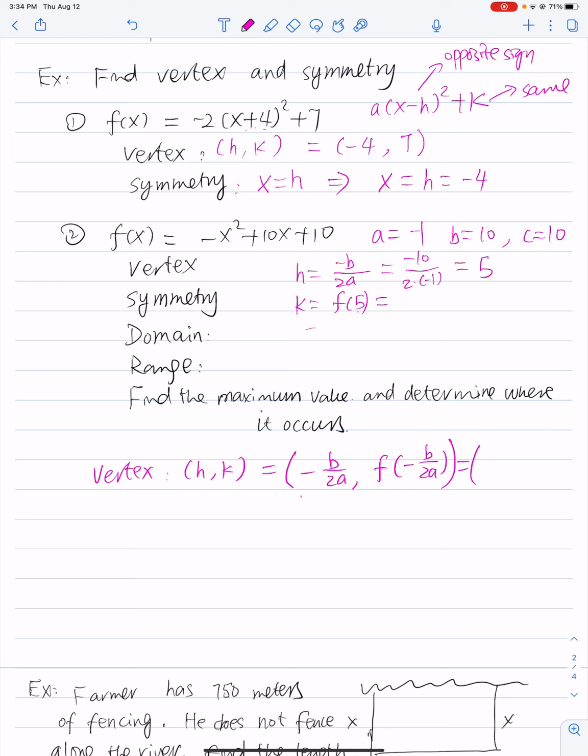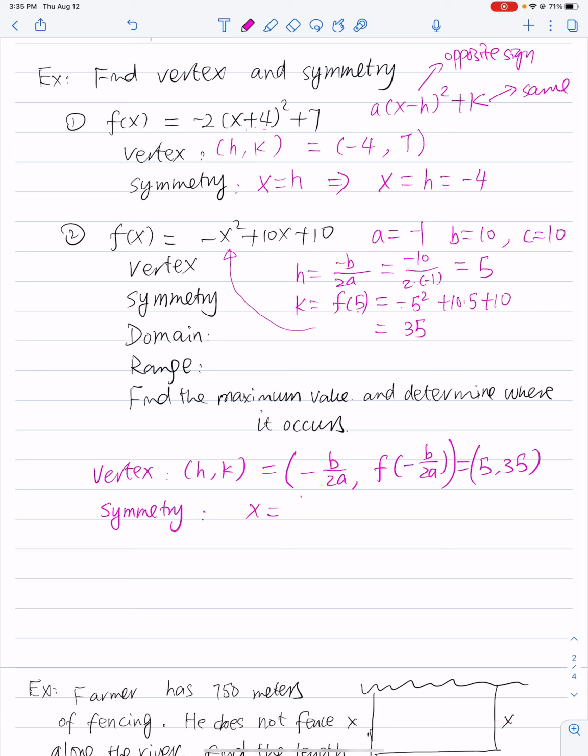You plug 5 into the function: negative 5 squared plus 10 times 5 plus 10. Remember, this negative is outside, so you keep it. Negative 25 plus 50 plus 10 is 35.